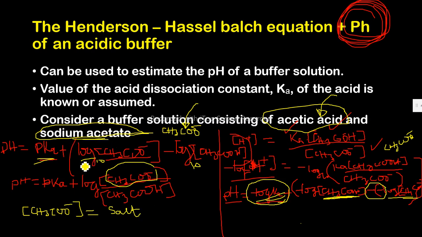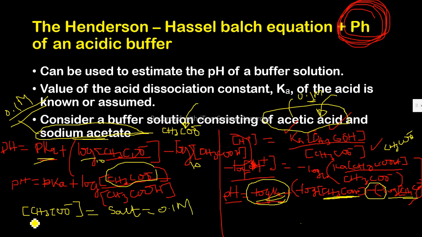In other words, if you added 0.1 molar sodium acetate in acetic acid of a known concentration, maybe also 0.1 molar, then since the salt is a strong electrolyte, the concentration of the acetate ions is assumed to be equivalent to the concentration of the salt, which is 0.1 molar.